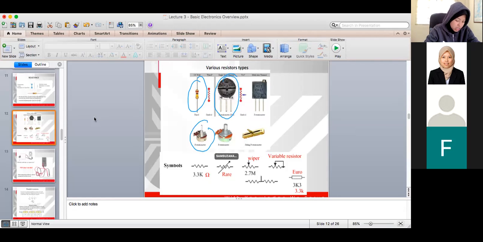Like this one, you can change the amount of resistance that you want to put inside the circuit. The symbol for the resistor also changes a little bit for a different type of resistor. A normal resistor is like what we said earlier, but when it is a variable resistor, meaning a resistor that can be changed like a potentiometer, usually it has an arrow showing that the amount of resistance can be changed.